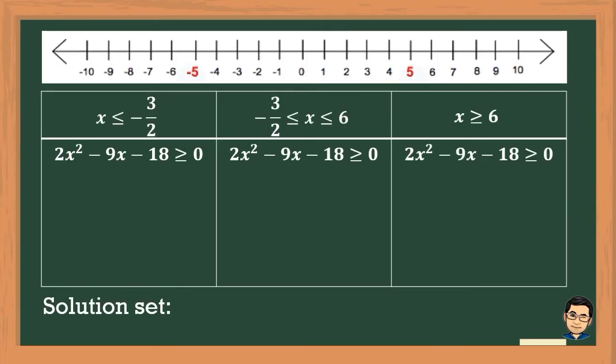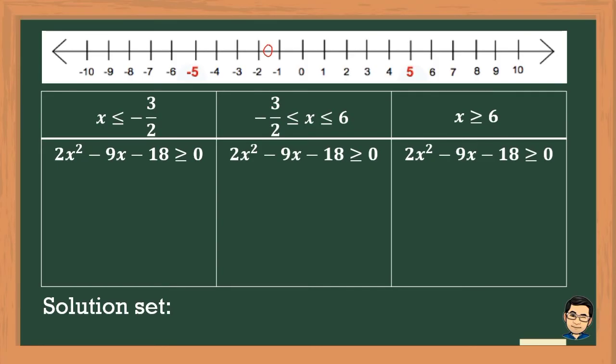So, ipa-plot natin yung negative 3 over 2. So, kapag change natin yan sa mixed number, that is negative 1 and 1/2. So, ibig sabihin, yung negative 3 over 2, nasa pagitan siya ng negative 2 and negative 1. So, paano yon? Nandito po siya sa gitna ng negative 2 and negative 1.